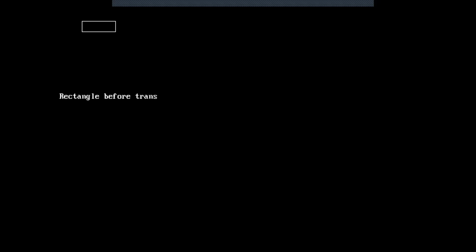And then when I press enter, I will be getting the rectangle after translation. So this rectangle is shifted 50 units towards positive x-axis and 50 units towards positive y-axis. So that is called 2D translation.